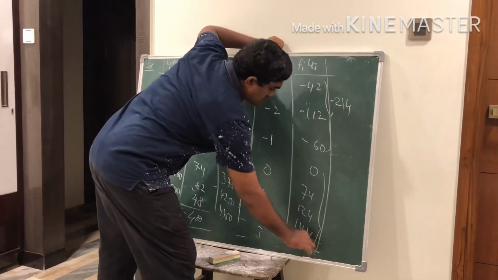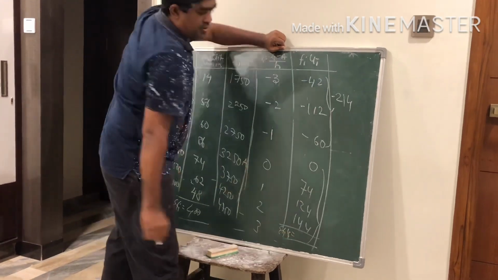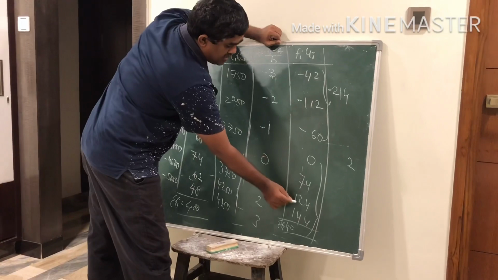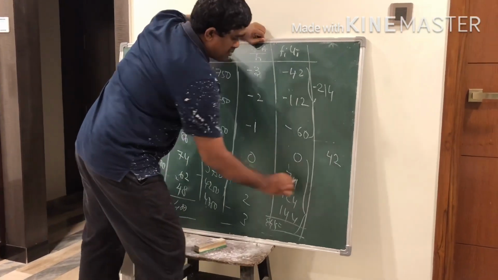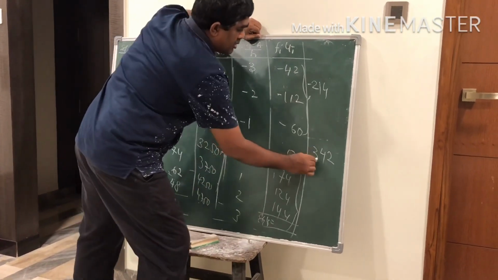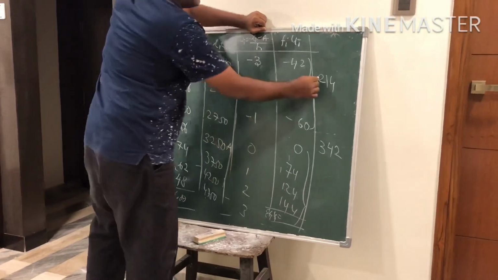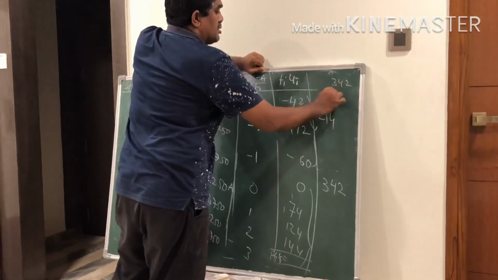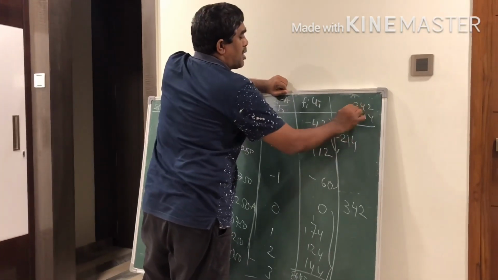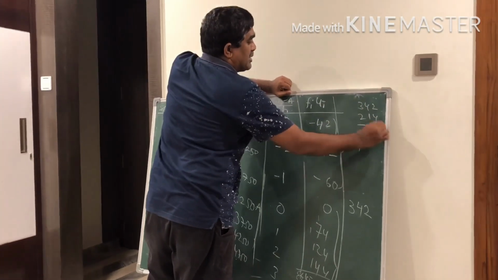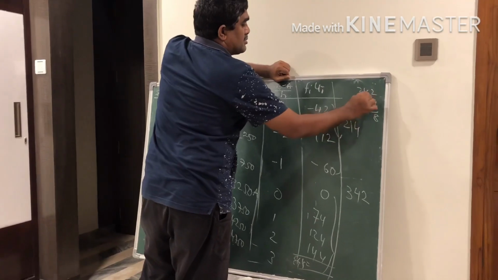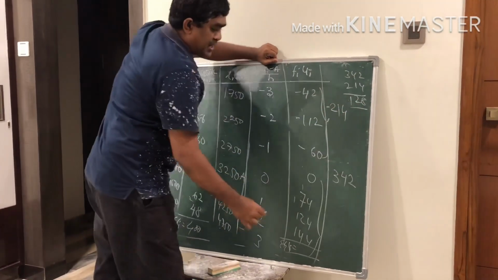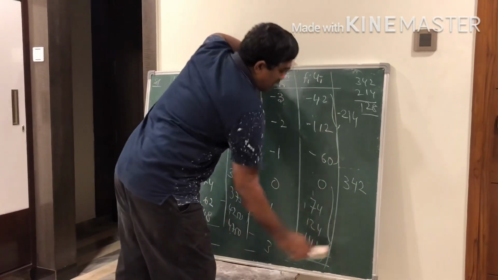Add all the positive numbers: 4 4 4, 12, 7 8, 10, 14, 3. So positive numbers 342, 82, 214. 342 minus 214. Borrow 12, 8, 3, 2, 128. Sigma fi mu i is 128.